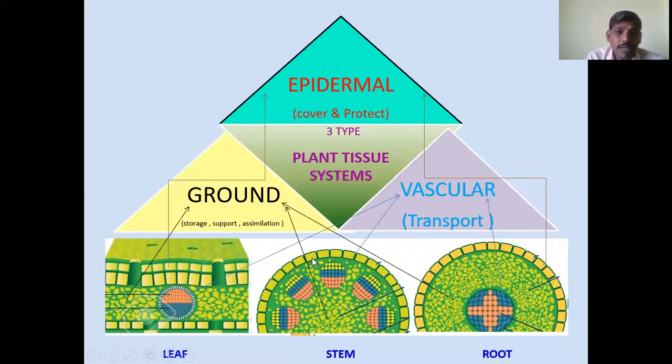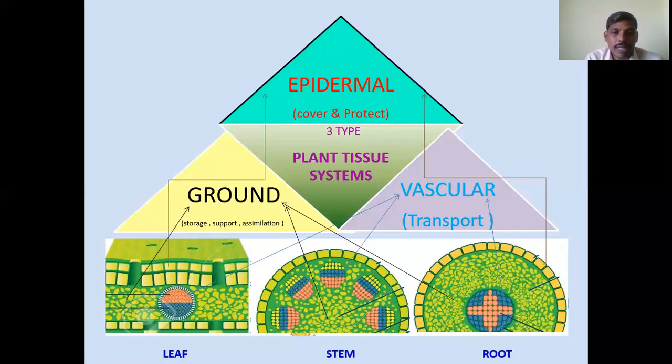In between the epidermal and the vascular tissue system, most of the area is occupied by the ground tissue system. This ground tissue system performs the storage function, gives mechanical support, helps in the assimilation of food materials, and sometimes in the regeneration process also.